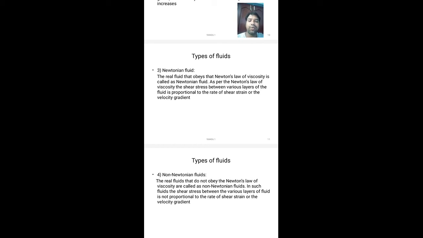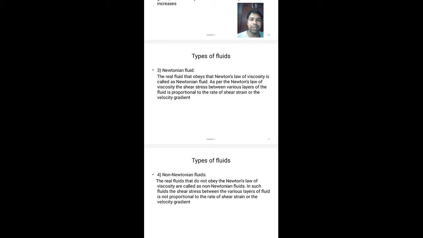Now the fourth one is non-Newtonian fluids. In the case of Newtonian fluids, the fluid obeys Newton's law of viscosity, whereas non-Newtonian fluid will not obey Newton's law of viscosity, right?